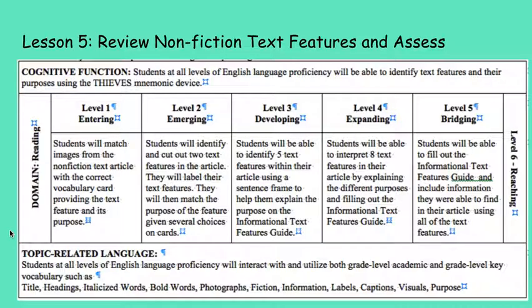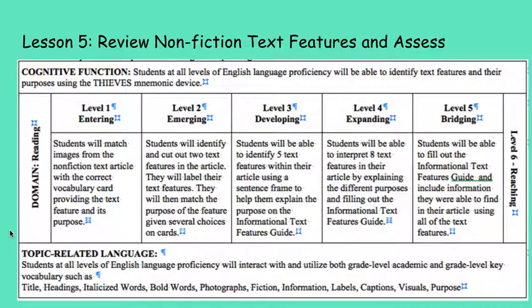So in the final assessment, my level 1 students are going to be able to match images from that article that they were given at their Lexile, and they are going to be able to match it to the vocabulary word that goes along with it. And then as we go up into level 2, students will identify and cut out 2 text features in the article, and then they're going to label them, and then they're going to match them and just continue on and on from there.